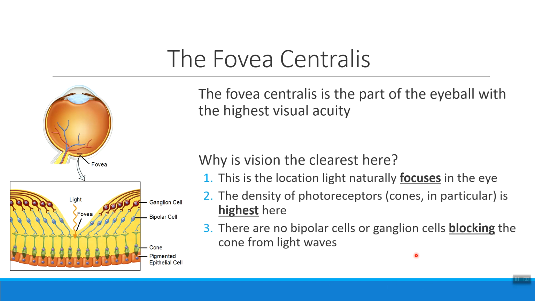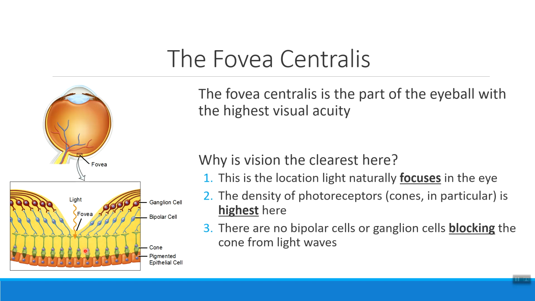And the other reason that we see so clearly in the fovea centralis is because this is the one part of the retina where we don't have those bipolar cells summarizing things, and we don't have those ganglion cells summarizing things. None of my light's going to get blocked or refracted by those types of cells because literally at the fovea, they're not there. Light goes directly to my rods and cones.